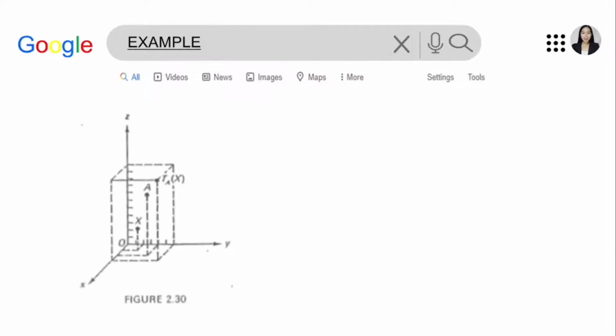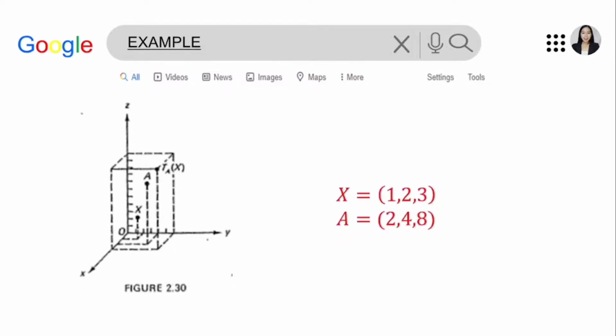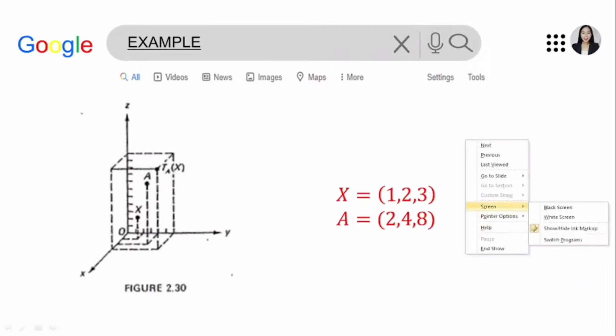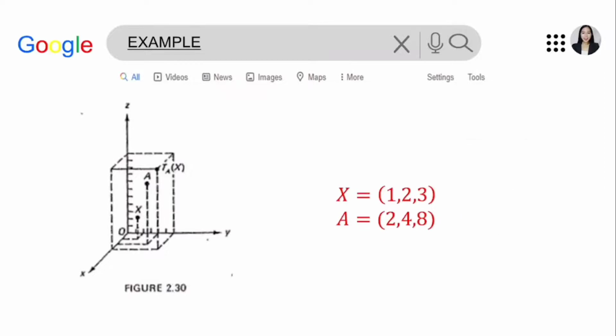For example, in figure 2.30, x has 1, 2, 3, and a has 2, 4, and 8. Remember that T sub a of x is equal to x plus a.